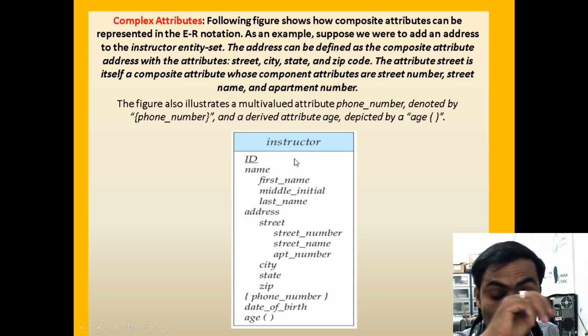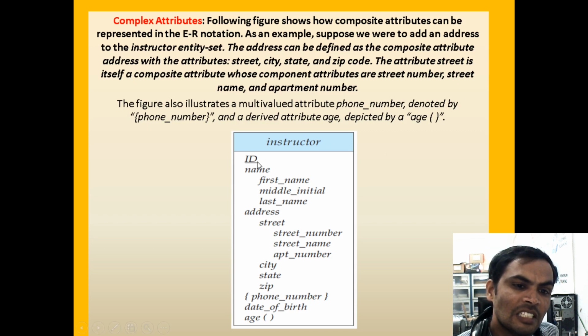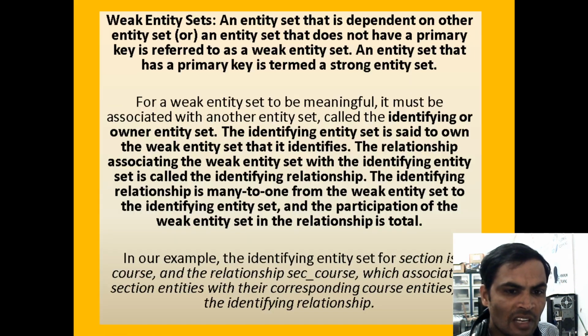Now, under the strong entity set, we are designing with the help of composite attributes. Instructor ID is a primary key; if solid lines are there, we should consider it a primary key. Name is an attribute with sub-attributes, so we call it a composite attribute. We can design in this way also.